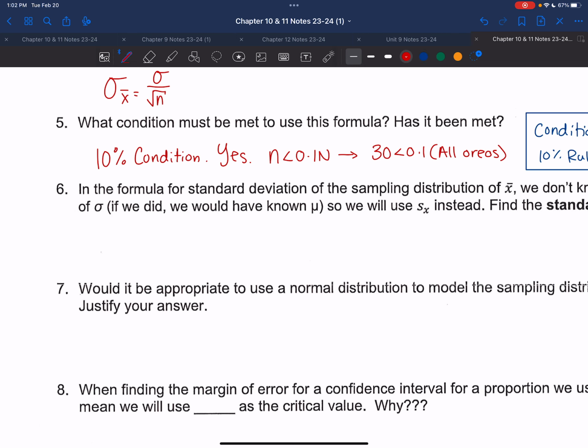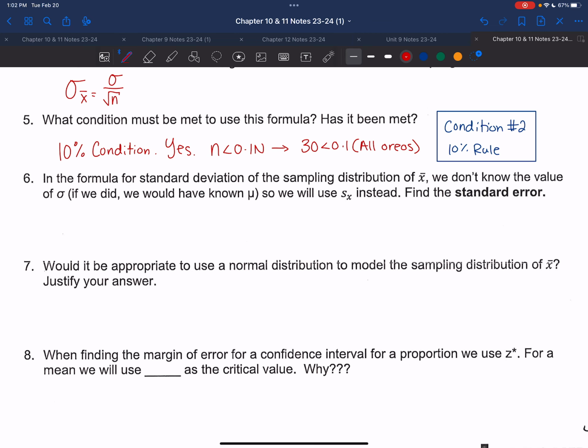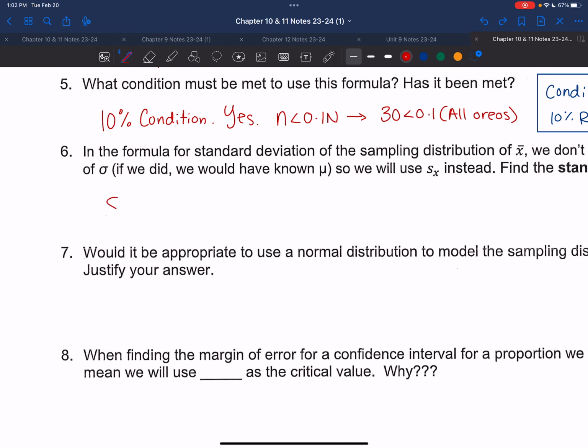And then number 6 says, in the formula for the standard deviation of the sampling distribution of X bar, we don't know the value of sigma, all right? If we did, we would have known what the true value was. So we're going to use S sub x instead. This is known as the standard error of X bar.